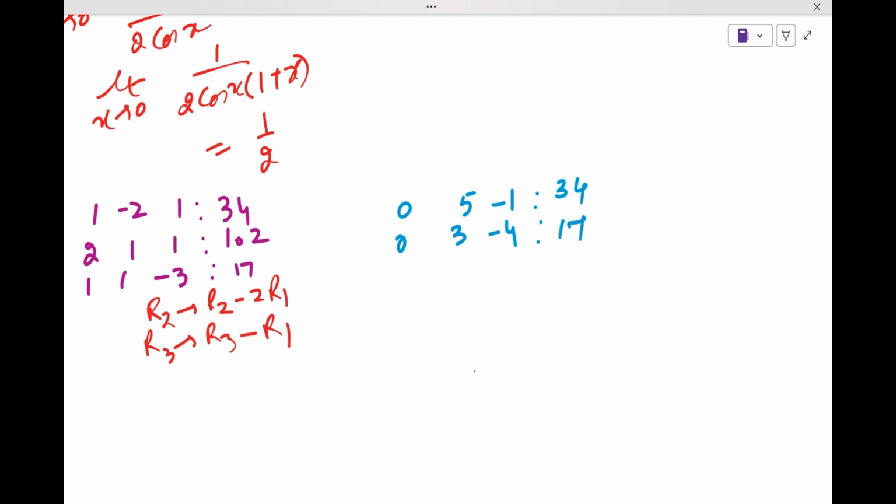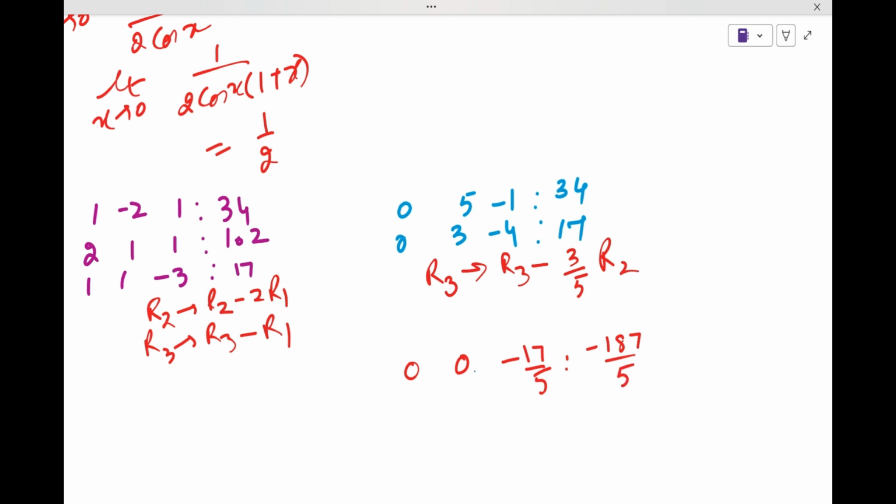Now we are going to make this element 0. So we apply the operation on R3, that is R3 minus 3 by 5 R2. The second row remains as it is, with no change. We apply the operation on the third row only. So the third row becomes 0, 0, then minus 17 by 5 and minus 187 by 5.